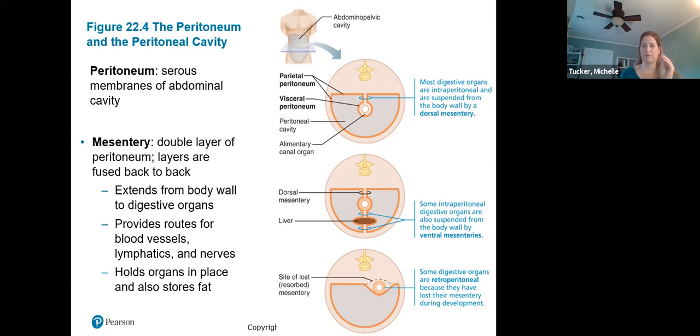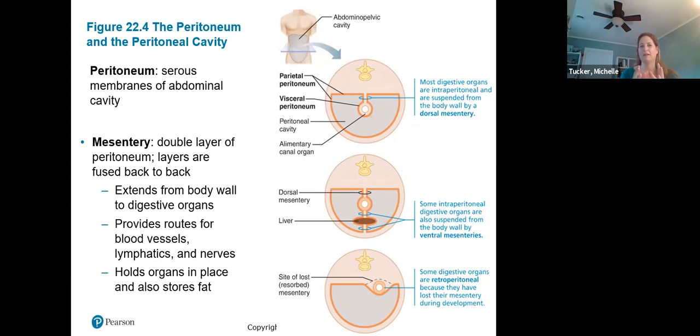The mesentery is a double layer of peritoneum. So a double membrane next to a double membrane, and then they're fused together to make a pretty strong structure, but it still has some give to it. The mesentery extends from the body wall and supports organs. It keeps the pancreas in place and the liver in place.